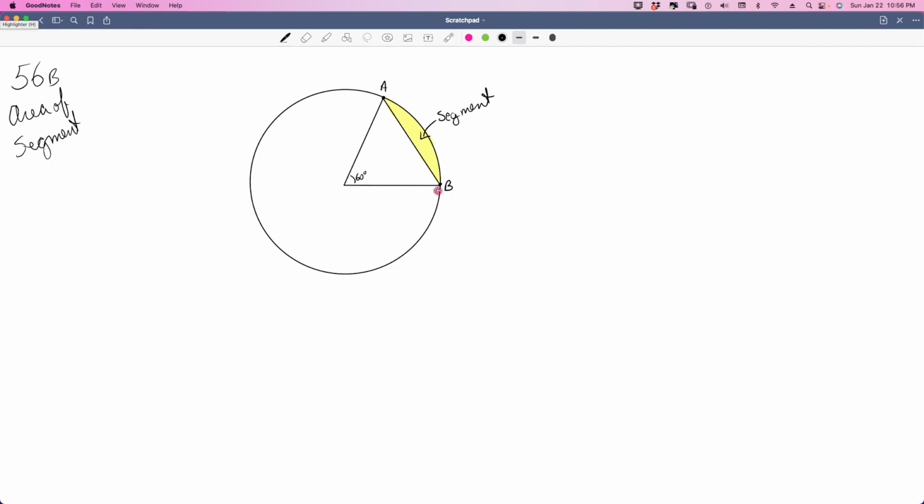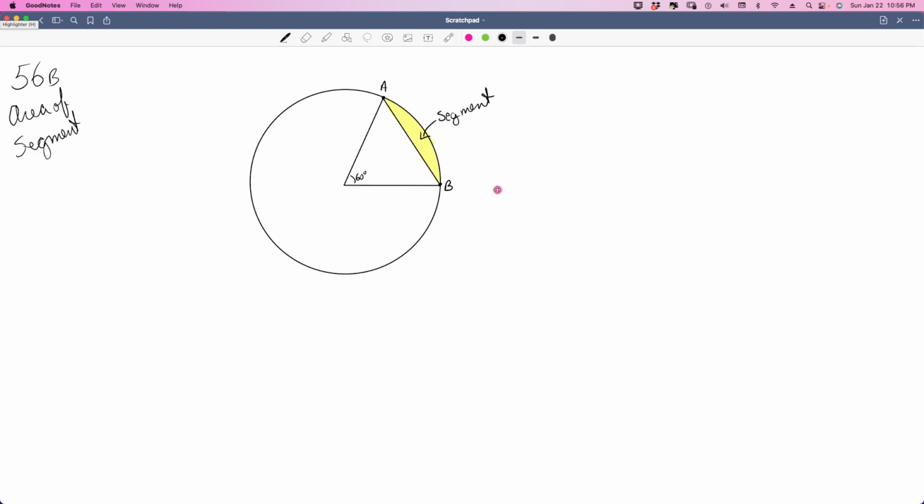So this would be A and B. Where the chord connects from point to point of the central angle, the part next to the arc between the chord and the arc, that is your segment. That's the yellow part that I have illustrated here.